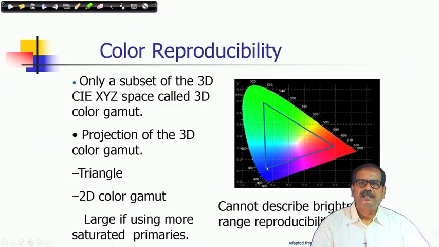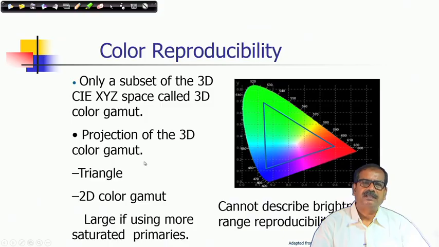Any linear combination of these primaries, meaning any additive combination, should be represented by a point within the interior of this triangle. Any point should lie within the interior of the triangle or on its edges. So, this is the limit of representation of color by this set of primaries. That is what this particular fact describes here.